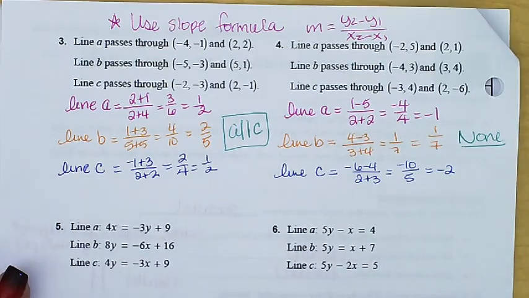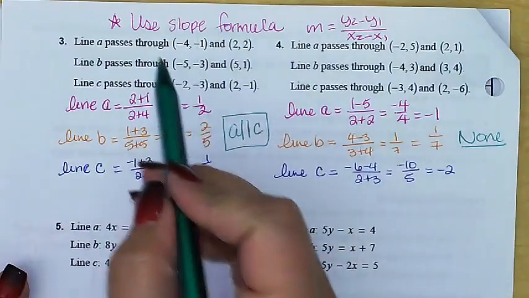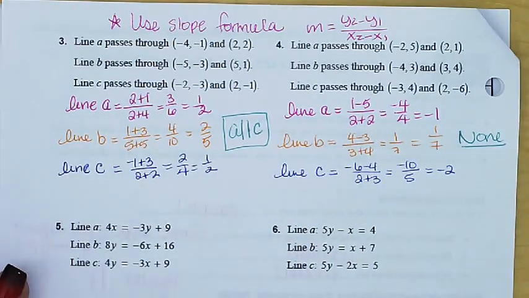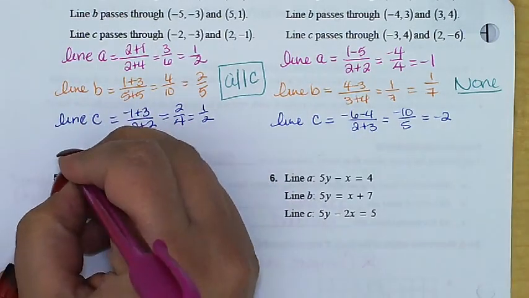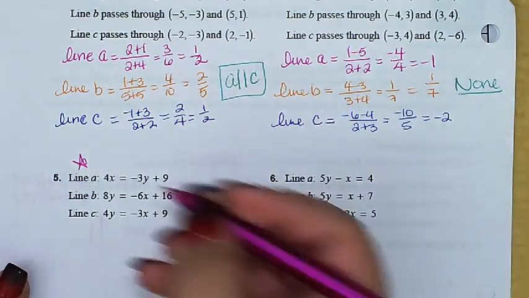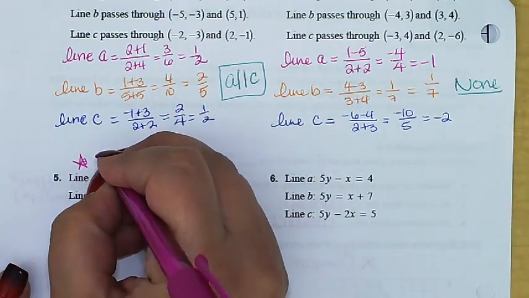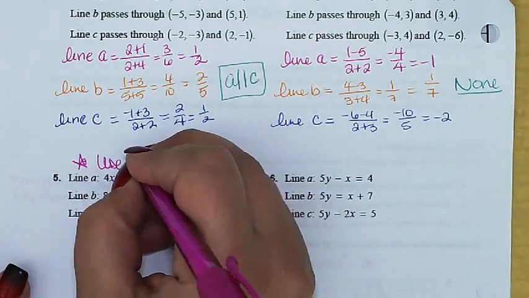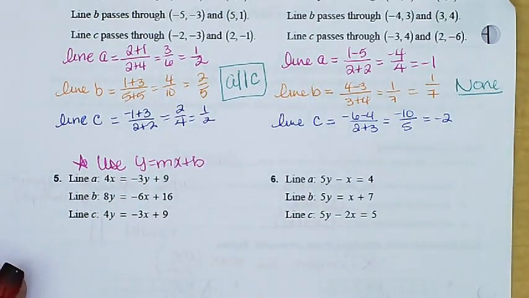Okay, so we know how to do it from a graph. We check the rise over run from the graph, we find those slopes, and then we decide. From 2 points, we'll use the slope formula. For an equation, what's the easiest way to see the slope? It's to be in slope-intercept form, so we're going to use y equals mx plus b.